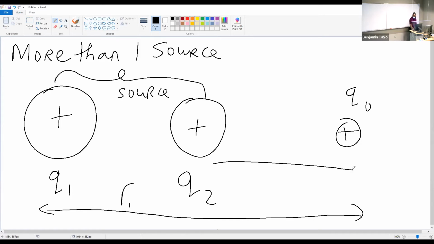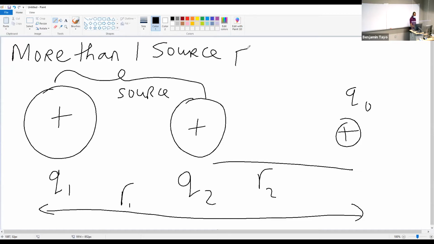and the distance from here to here, let's call that R2. Now remember that everything is positive, so when I calculate the force on my test charge due to Q1, I get a force that is pointing to the right, right? So let's calculate the total force.